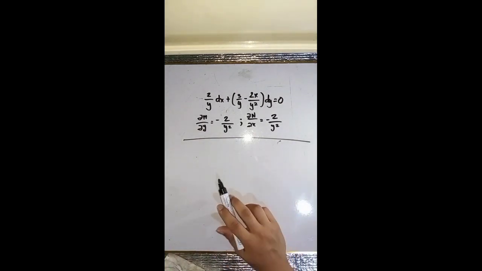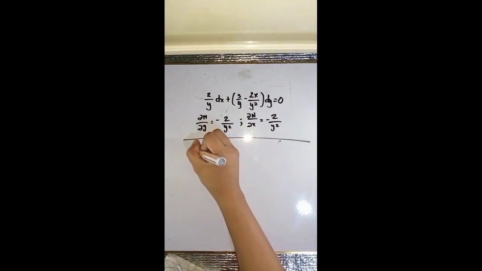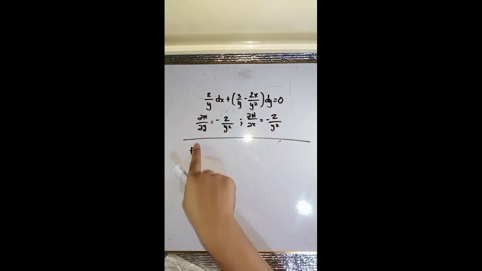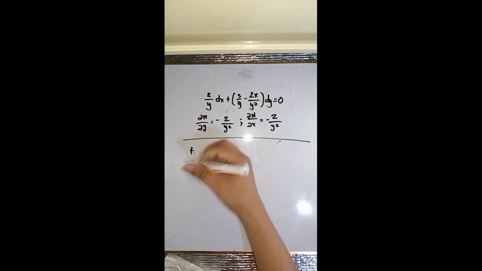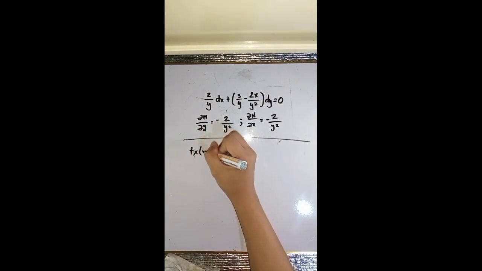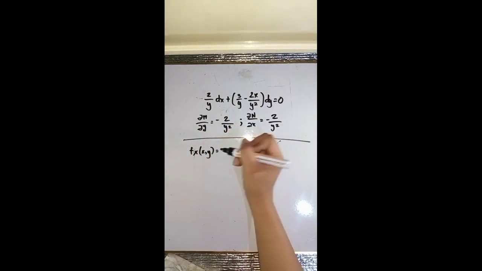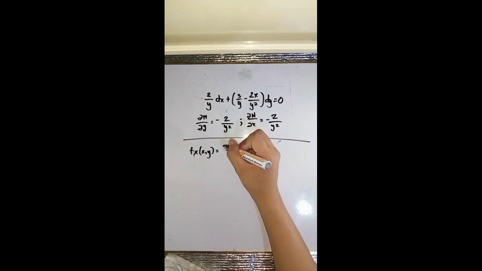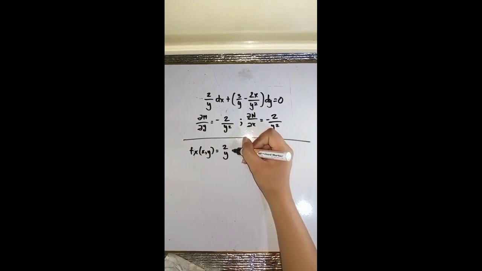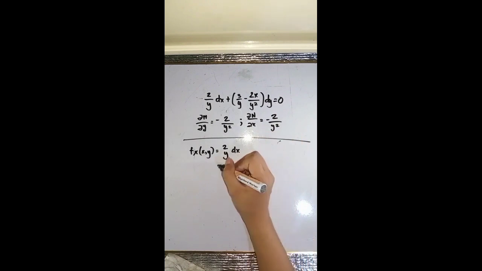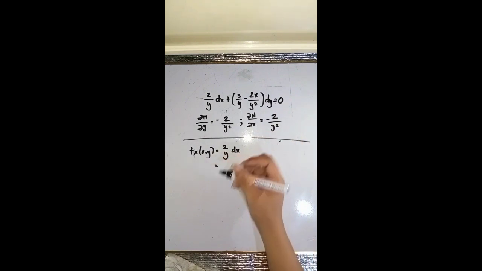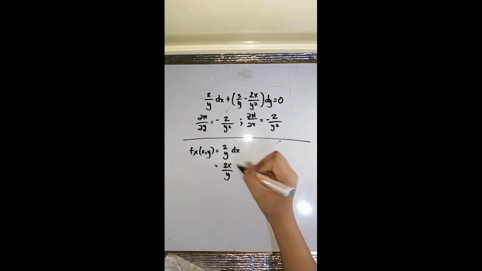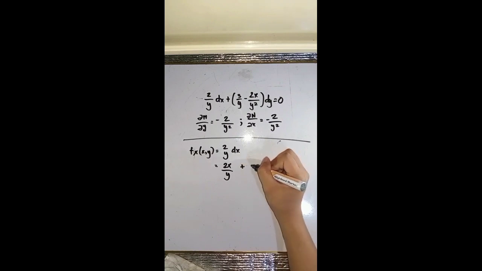We start with the M function. We can integrate 2 over y dx. The integration of 2 over y dx is 2x over y plus the generic function, which is g of y.